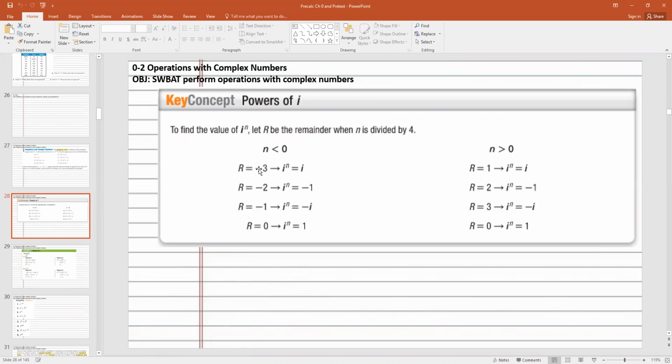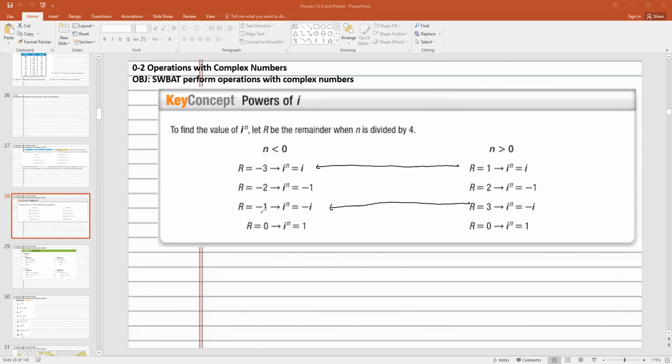All right. And now we talked about this one when you have an n that's less than 0. So when you have a negative n, it switches. So if your remainder ends up being a -3, then it's going to end up being i. If it ends up being -2, it's just like if the remainder is 2, it's still going to be -1.